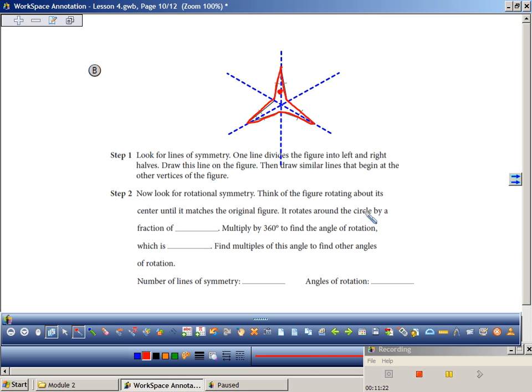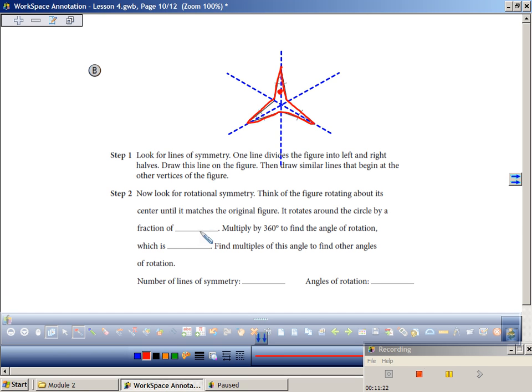We get the gist of it, right? It rotates around the circle by a fraction of what? If you had a circle and I turned it around, how much of the circle would I have to turn it before it was symmetrical? 1/3 or 1/20? 1/3.